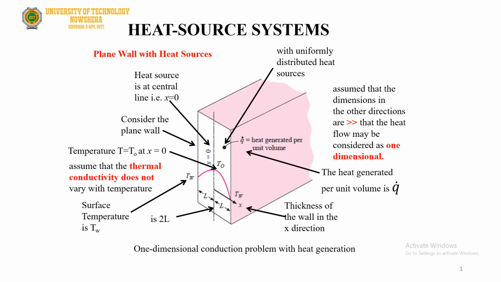The temperature at the center of the wall is maximum due to this heat generating source, and we have represented this maximum temperature by T naught, which is at x is equal to 0. Remember, x is equal to 0 is the center of the wall.